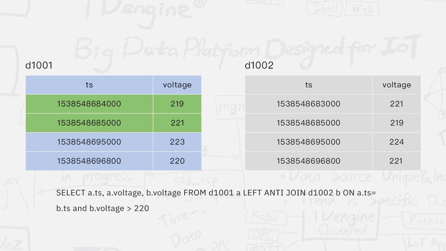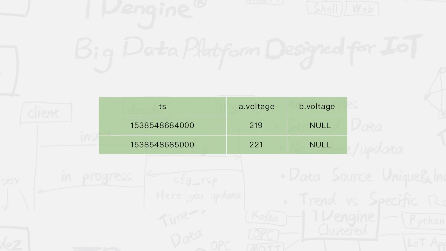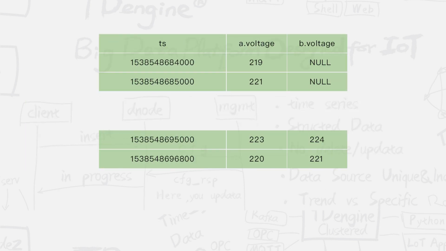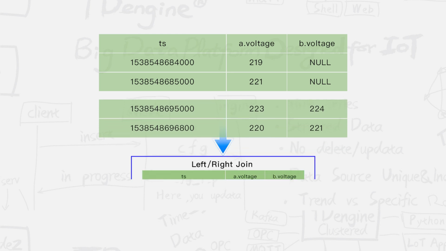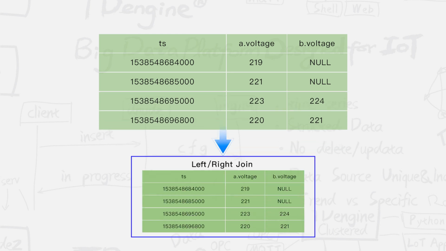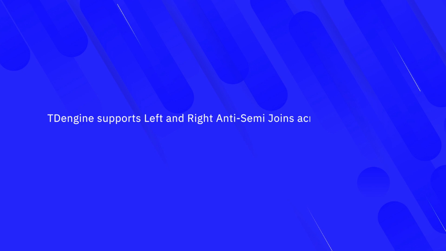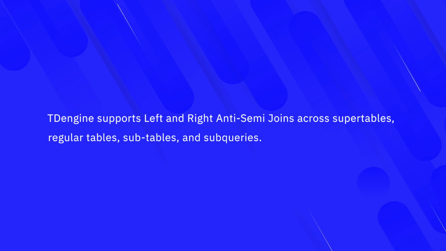The result of this query is shown on screen. Combining the results of a semi-join and an anti-semi-join will give you the equivalent of a normal left join. TDengine supports left and right anti-semi-joins across supertables, regular tables, subtables, and subqueries.